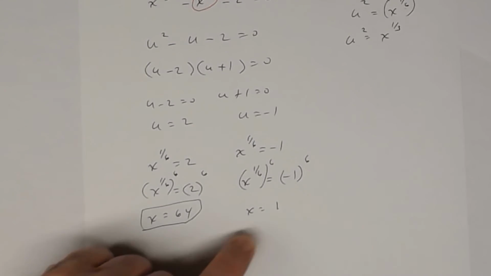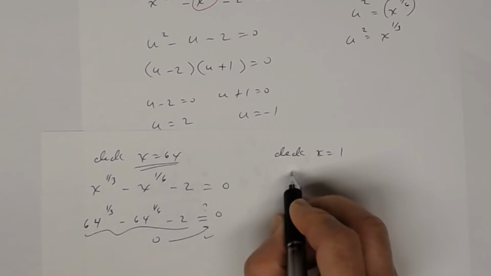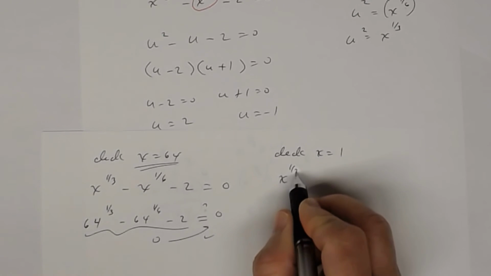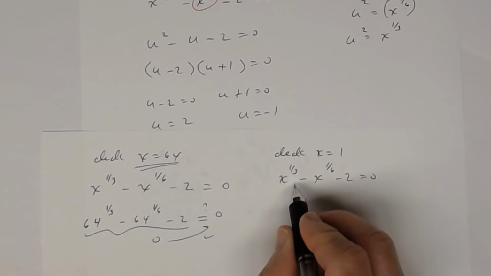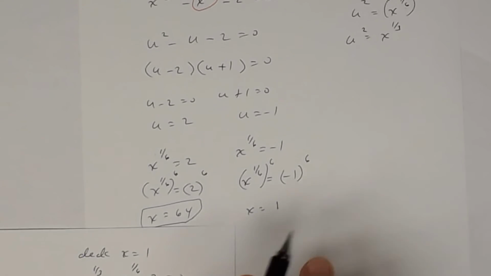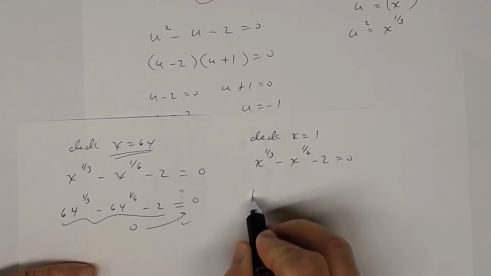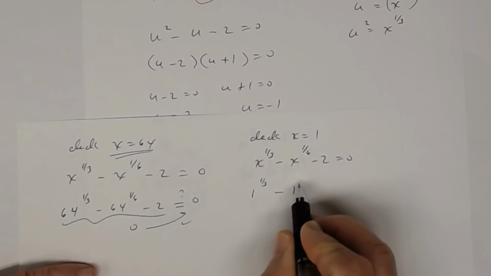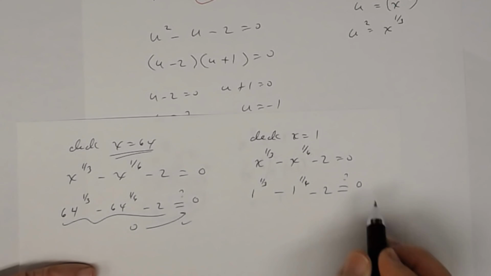Now let's check 1. So I'm going to check x equal 1. So go back to the original problem, which is what I'm writing. And where we see the variable x, I'm going to substitute 1, right? Substitute 1. So I get 1 to the 1/3 minus 1 to the 1/6 minus 2, and I want to see if that's going to equal 0.